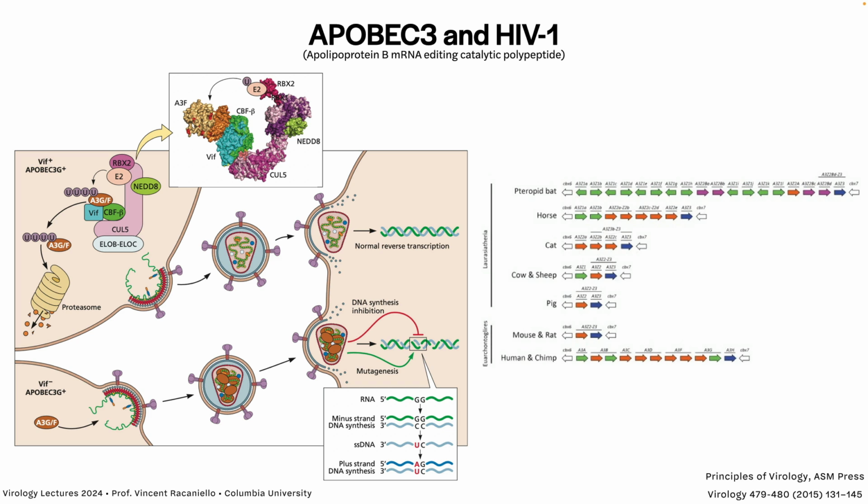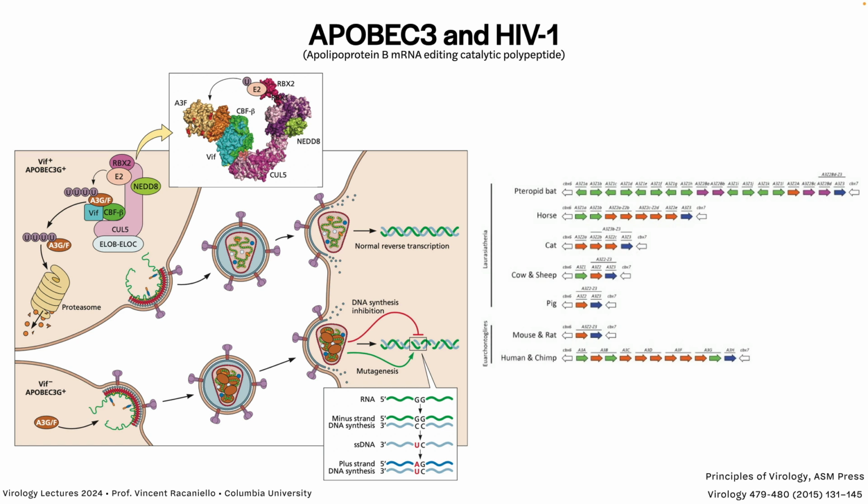Another interesting set of proteins are the APOBECs. Apolipoprotein B, mRNA editing, catalytic polypeptides. How many times fast can you say that? Really fast. APOBEC 3. It has other functions in the cell, but it is an antagonist for HIV-1 in particular. And the way it works is that it deaminates DNA. So here we have an HIV virus infecting a cell, and of course reverse transcription is occurring, converting the RNA into DNA.